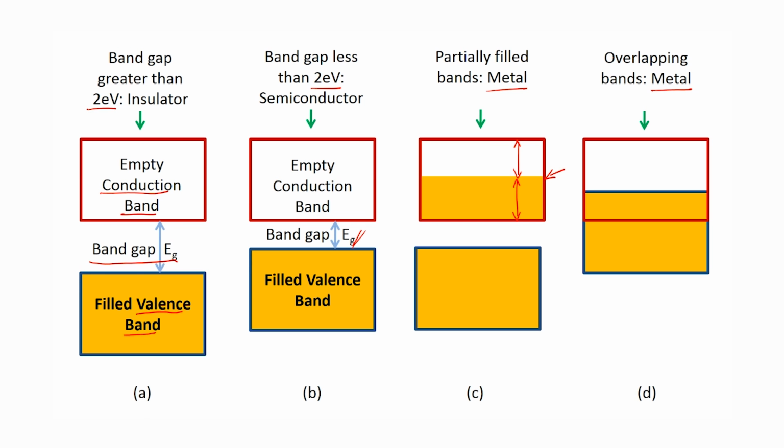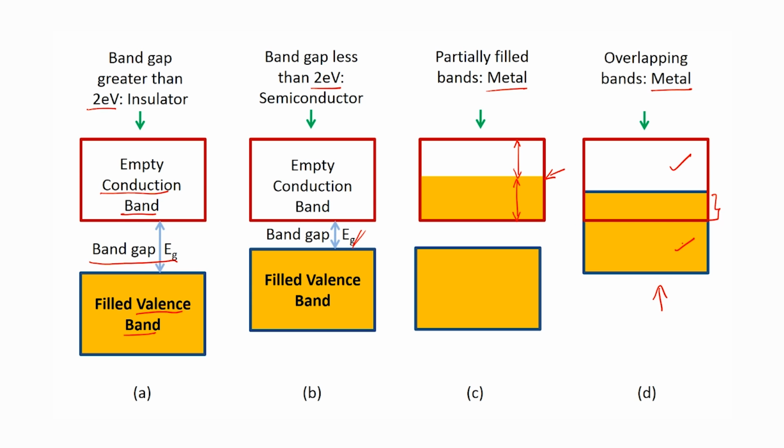In the case shown in this diagram, you have a full band and an empty band, but they are overlapping over a range of energies.